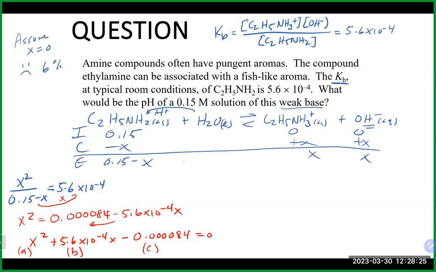At this point here, we'll go x is equal to minus b, which in this case is minus 5.6 times 10 to the minus 4, plus or minus the square root. When you put all the numbers into the square root part, before you take the square root, 0.00336314, we'll keep all the numbers, why not? We're going to take the square root of it, which will give us 0.018339.